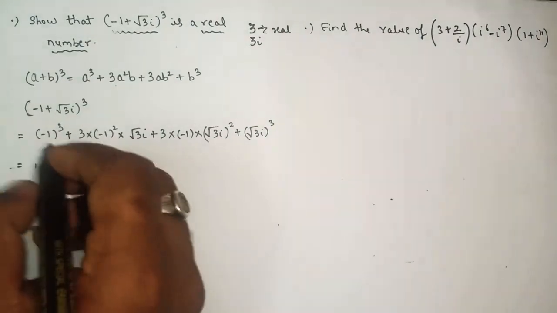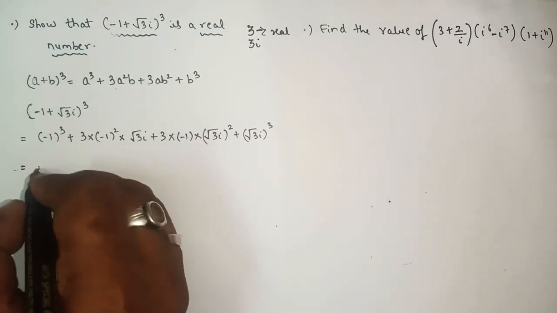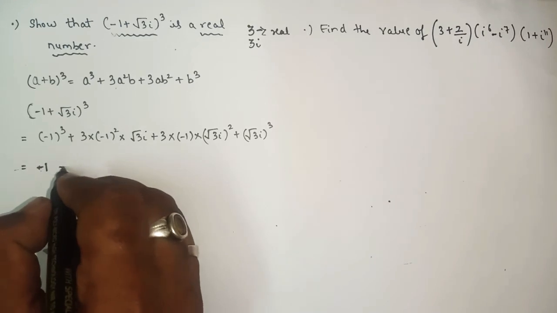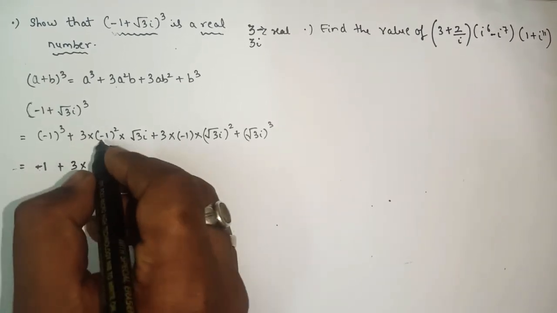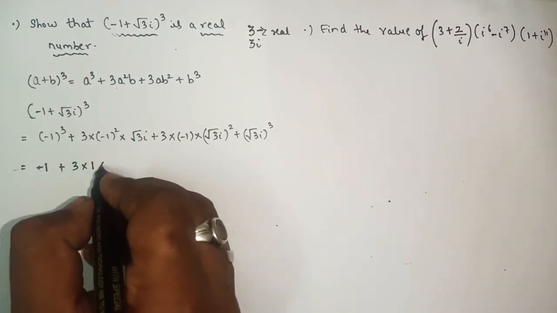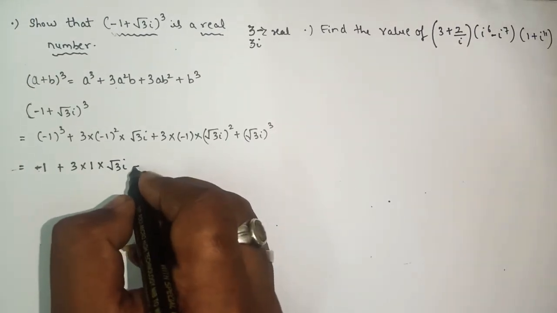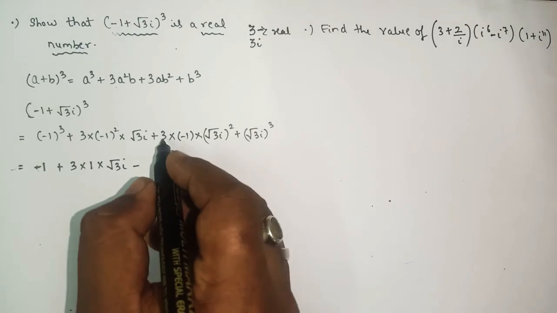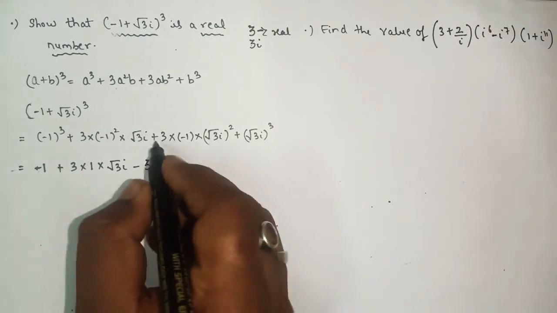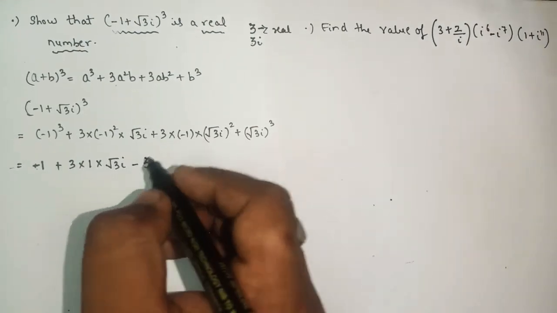Okay, so the next part: (-1) cube is what? Minus 1, plus 3 into (-1) square is what? Positive. Root 3 i will keep as it is. Then 3 will be the same. This plus minus will be what? Minus, yes or no?